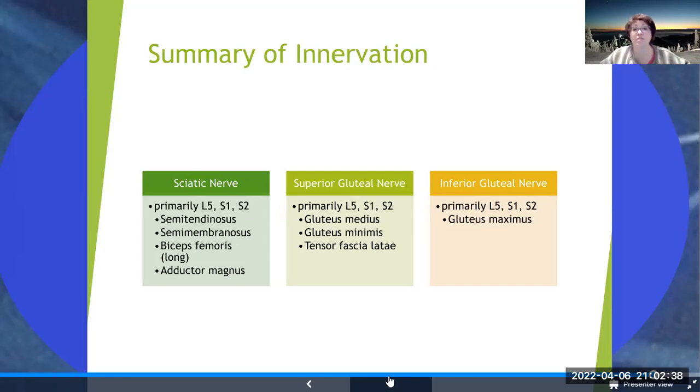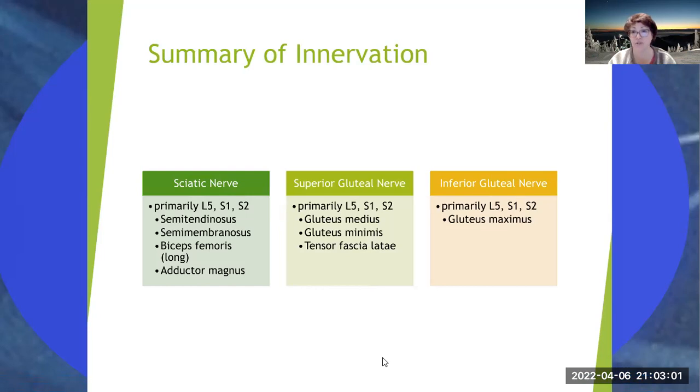Gluteus medius, gluteus minimus, and tensor fasciae lata, they're all in the neighborhood. Inferior gluteal nerve is the gluteus maximus. So big hip extensor, and it has its own nerve, primarily L5, S1, and S2 for all 3 of those. And then the little nerves that have the little muscles that have their own nerves.